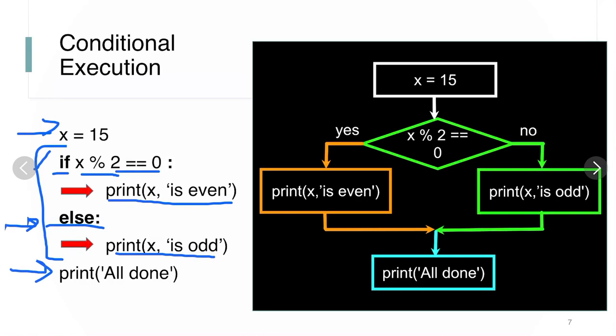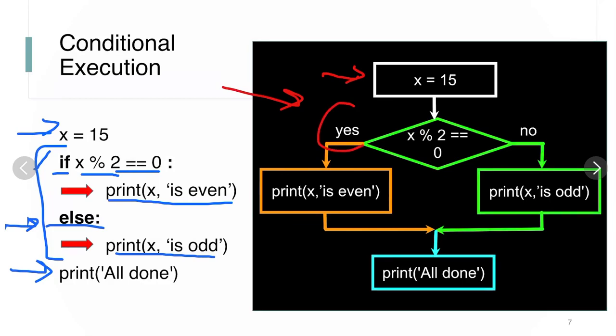So on the right hand side, you see the flow chart of this execution. So first the assignment of 15 to x is executed, and then you have an if statement after that. It has a comparison whether x is divisible by 2.